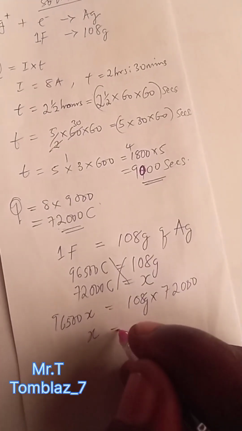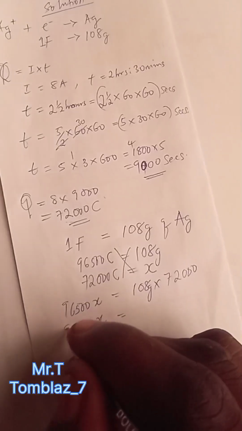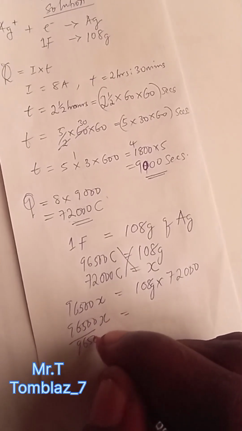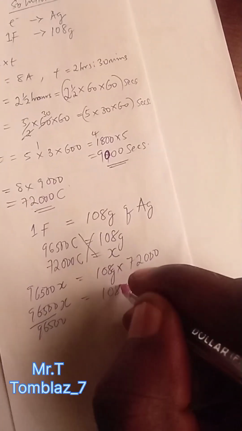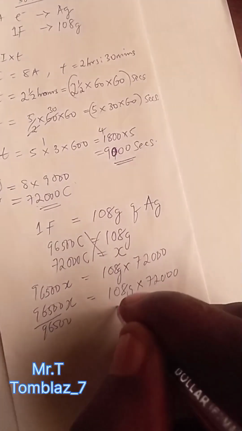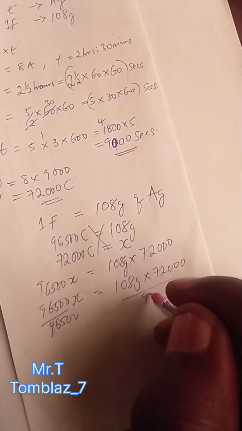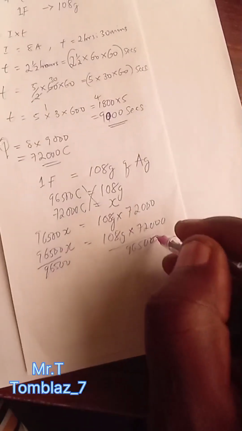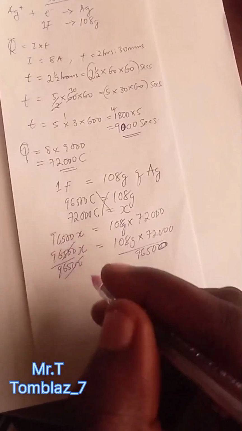So x will be equals to, we divide both sides by 96,500, 108 grams times 72000 divided by 96,500.